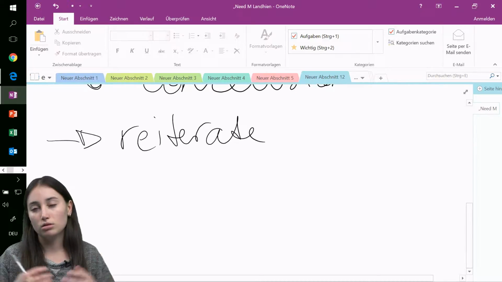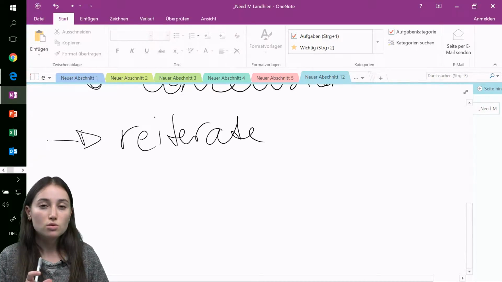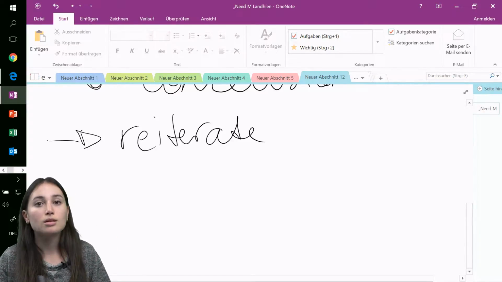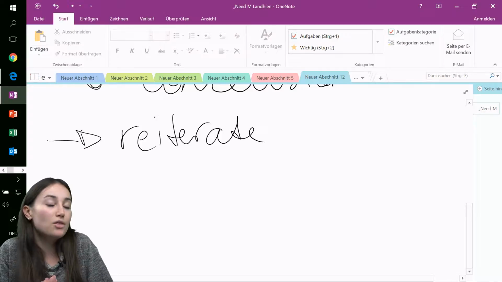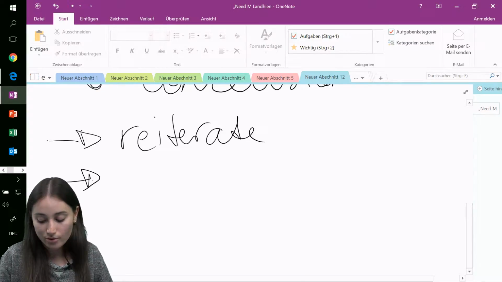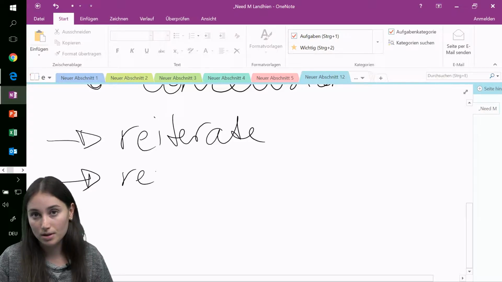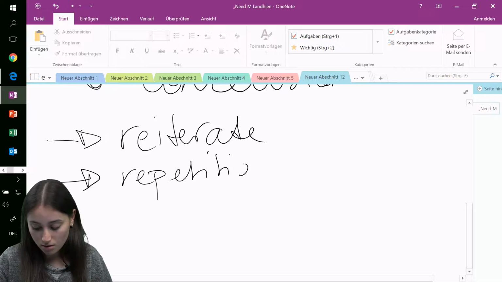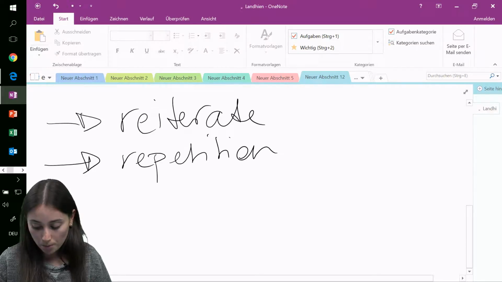And then in your conclusion, you try to paraphrase what you said in your main arguments in other words. So it's a factor of reiteration or repetition, which is basically the same. Those are synonyms.